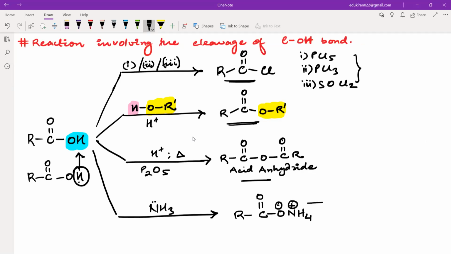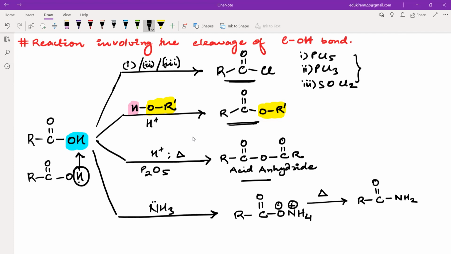Now, if you further heat this, what is going to happen? Two hydrogens from the NH4 positive and this oxygen are going to break off, and you will get R C double bond O and H2.